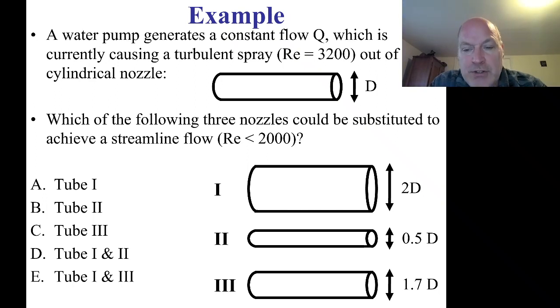So this is a comparison problem where they didn't really tell us what the diameter was. They just call it D. Okay. All of the lengths of these are going to be the same. Okay. We're going to try to figure out which one of these have turbulence or not. Okay. So let me open up an empty page.